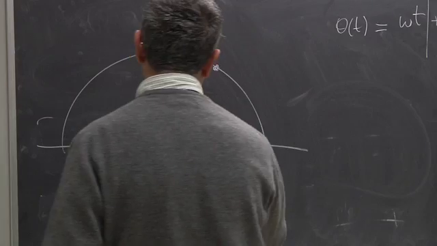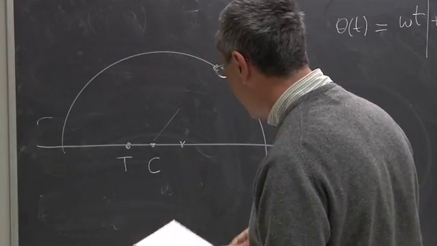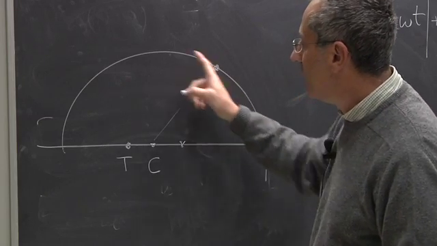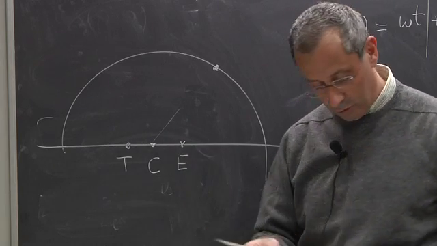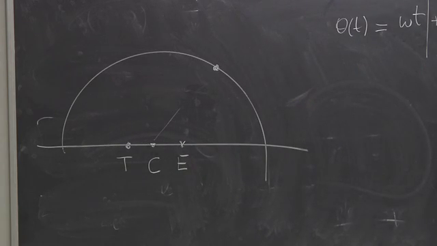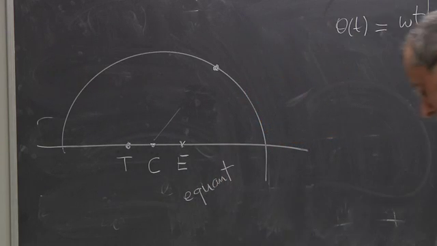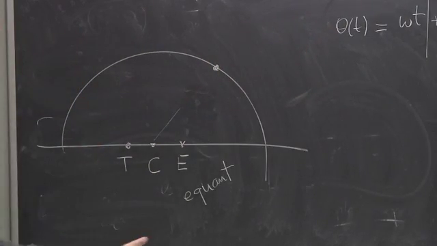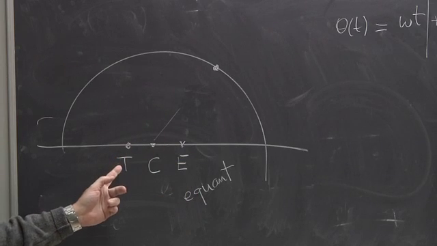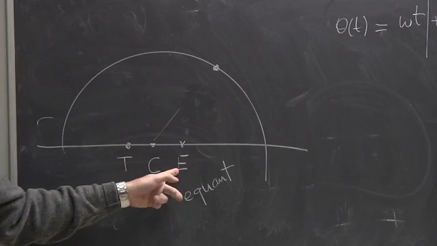So they had to further assume that it is moving with uniform speed not about C, but about a third point that was called the equant. So this is really weird. It's moving about a circle that is not centered on the Earth, with a speed that is constant as seen from a third point that I call the equant.